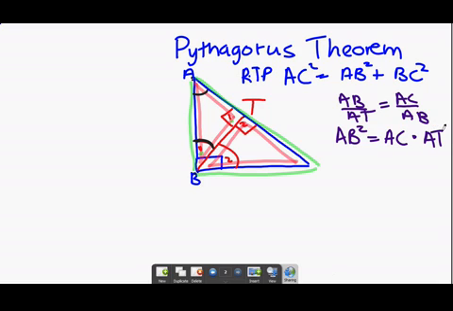Now I'm done with the first triangle, the triangle AB1T1. Now I want to go to triangle C.